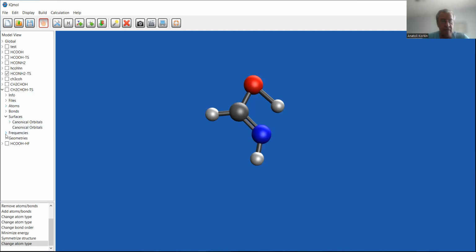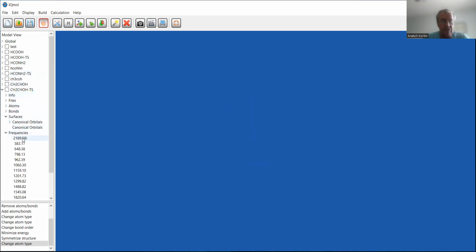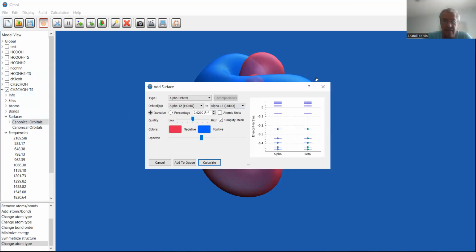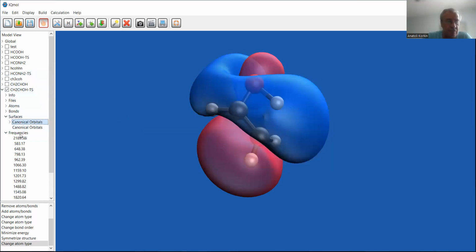However, I finally succeeded, and I'll show you what it is. Okay, so I need to show you the structure first. Oops, I showed the bonds here, which I want to show you later on. So let me just remove it.